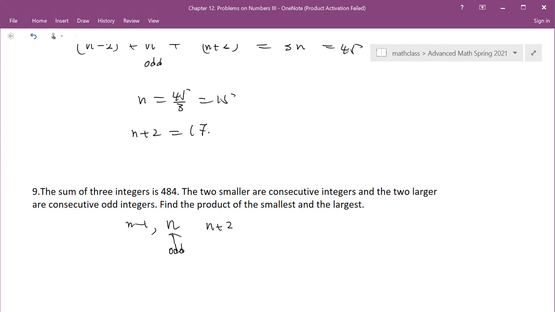Andrew says no solution. You did the computation too fast.